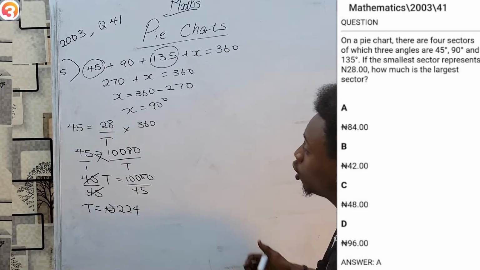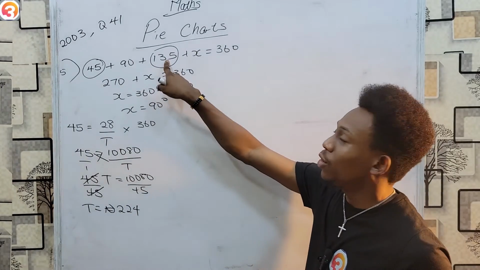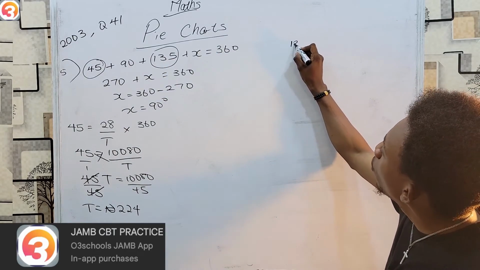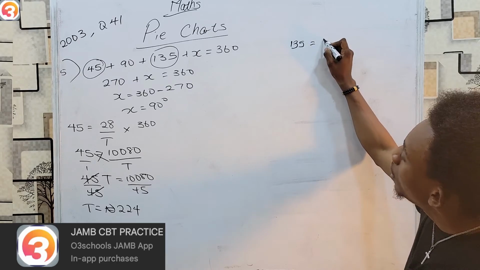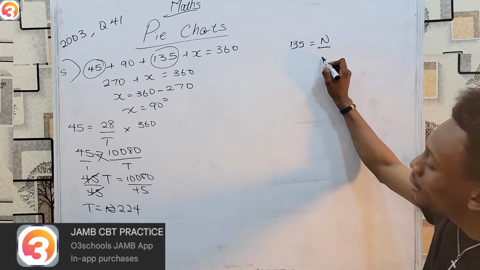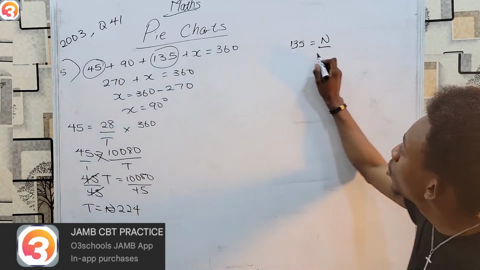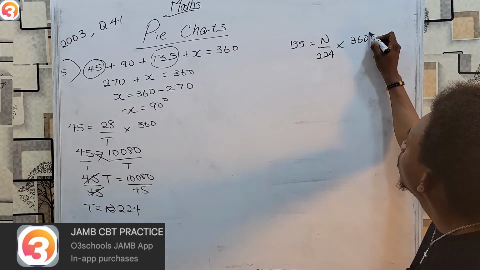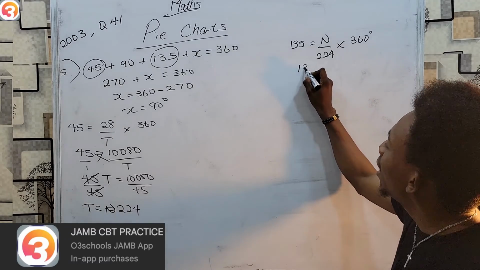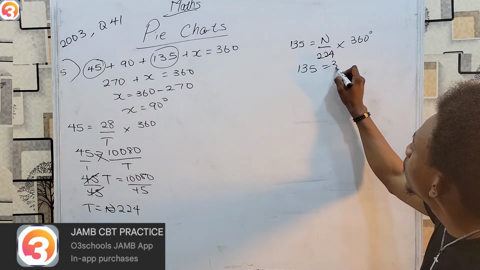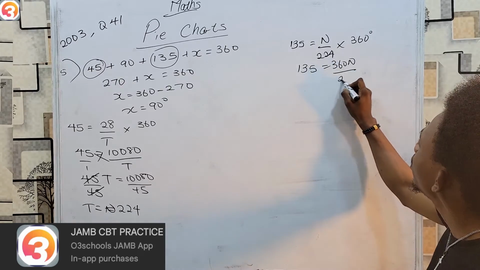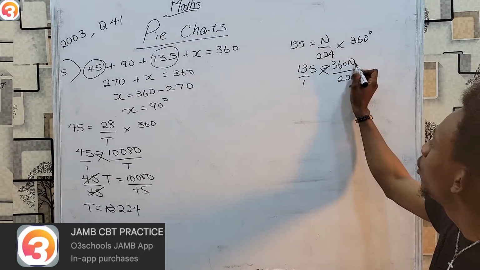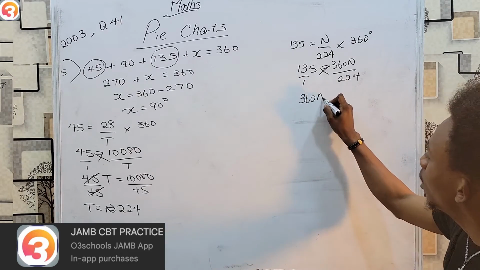You see, now I know the total amount, and accordingly, I can now find out how much of this amount is going to be occupied by 135 degrees, giving me that 135 will be the new amount, which I do not know. Let's call that N, over the total amount, 224 times 360 degrees. Let's multiply. That will be 360N over 224. And just like previously, I cross multiply. 360N times 1 is 360N.